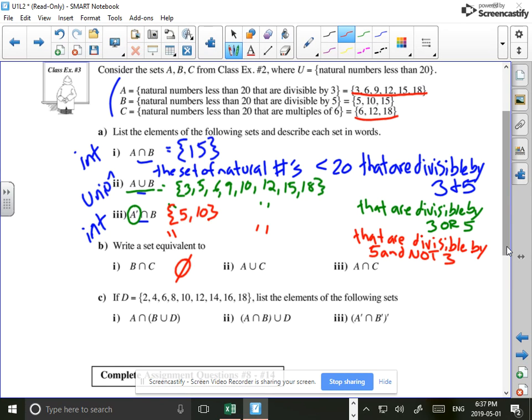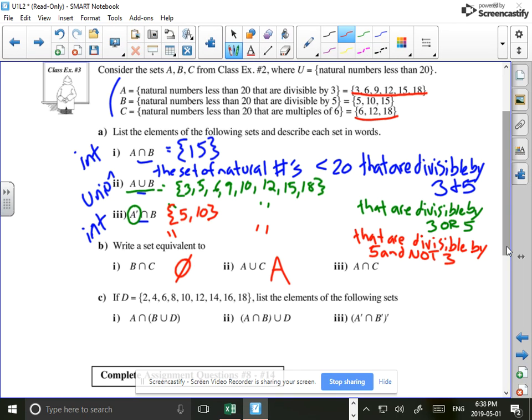So for this one, we have all of the numbers that are in C are actually in A. So C is a subset of A. So our answer to this one is actually A, because A has all those numbers in it. We don't need to add anymore. We don't need to write them out again.